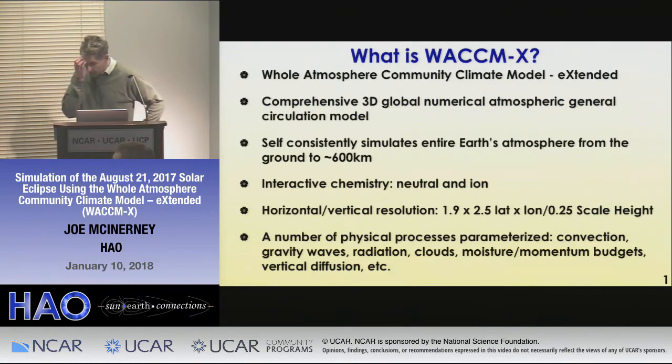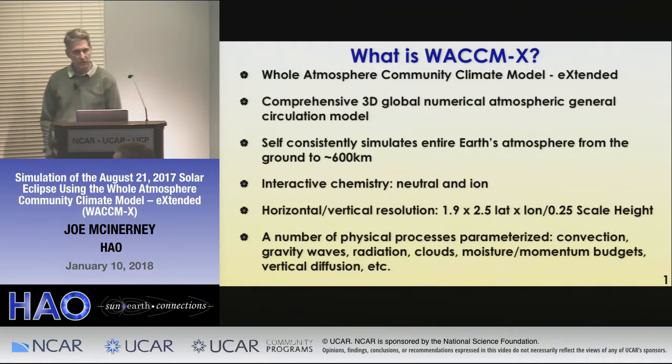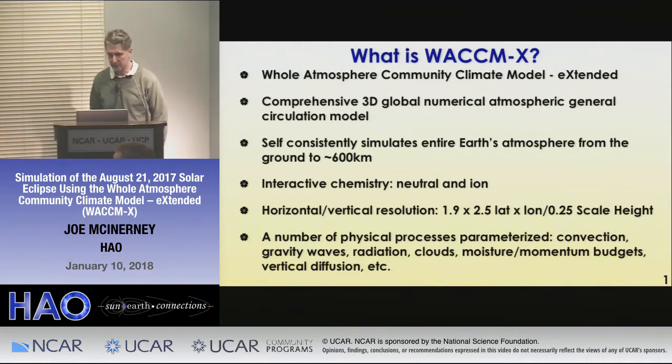So the first obvious question is, what is Wacom X? Many of you already know the answer to this question. Wacom X is the Whole Atmosphere Community Climate Model extended. It's a comprehensive 3D global numerical general circulation model of the atmosphere. It studies the entire Earth's atmosphere from the ground up to 600 kilometers self-consistently.